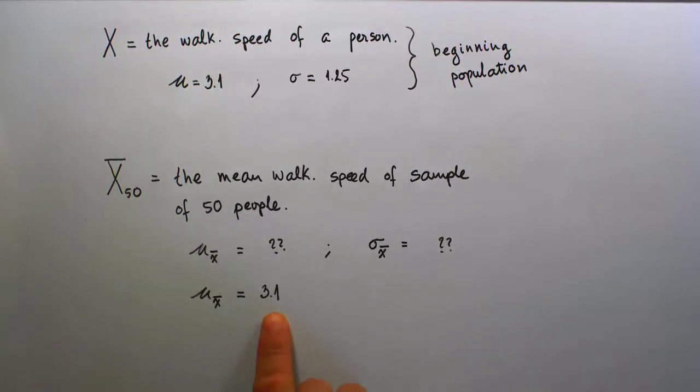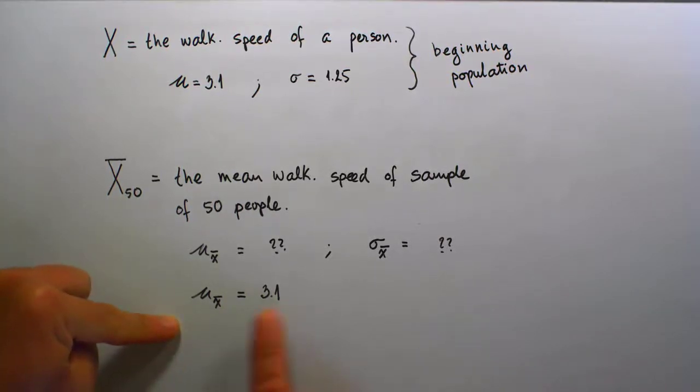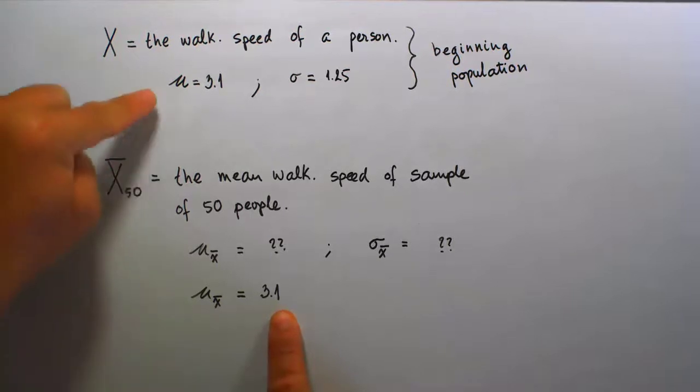As I have explained many times, to find this we technically need to find sample 1, sample 2, sample 3, sample 4, and so on. We must find all sample means, then average them out just to get this value, which is the same. So why spend so much time? We can quickly see that our final calculated value for mu x bar equals 3.1.